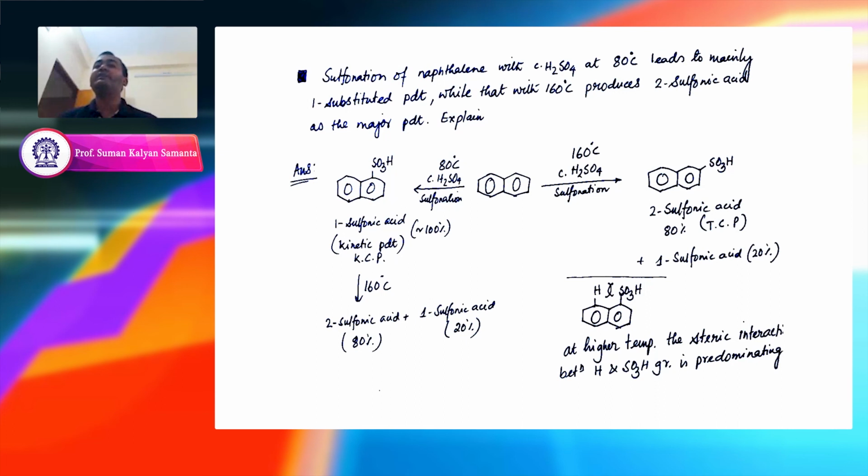But if the reaction happens strictly intramolecularly, that means the SO3H group just shifts from the 1 to the 2 position. In that case, you would not expect the labeled SO3H group to be incorporated in this 2 sulfonic acid. Experimentally, what they found is that in this 2 sulfonic acid, both labeled and unlabeled SO3H groups are there.